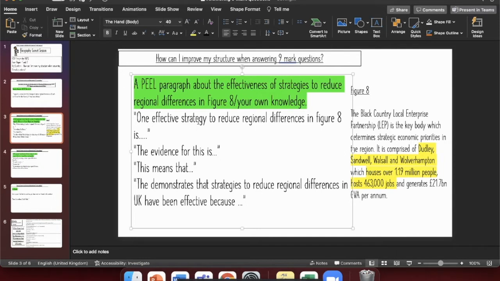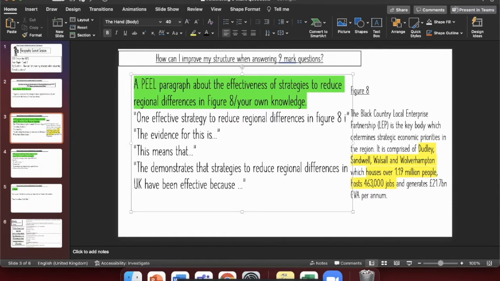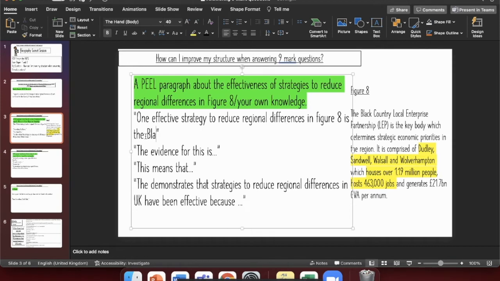One effective strategy to reduce regional differences in figure 8 is the Black Country LEP.